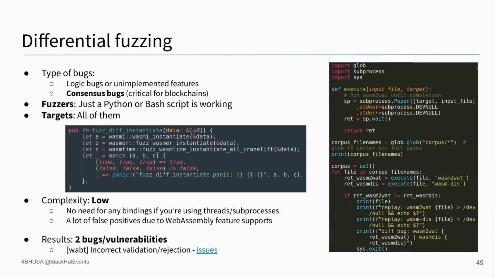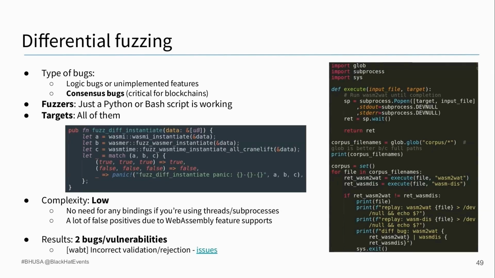For the fuzzer, nothing that complicated, just a Python script or a Bash script is enough. I've used Rust as well. I was targeting all the different targets I implemented, because I already had all the fuzzing harnesses, so it was really easy.